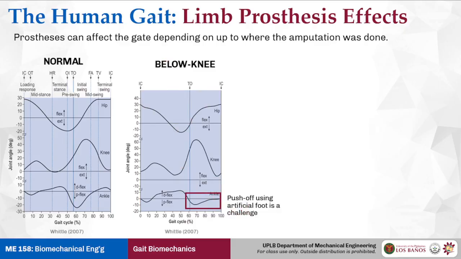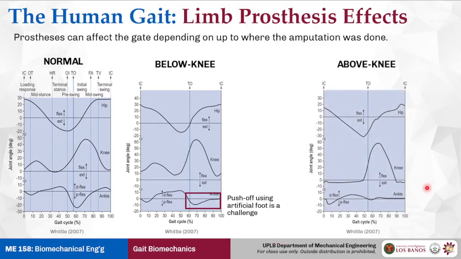Now, when you replace your leg above the knee, most of the knee replacements do have articulation. So you can see here the fake knee is articulating. However, it is not functioning just like your normal knee.